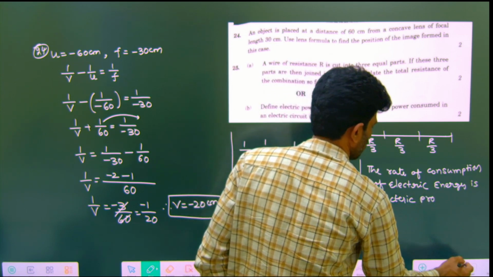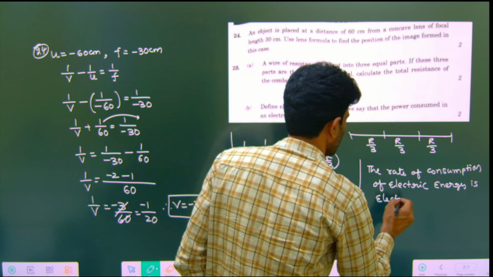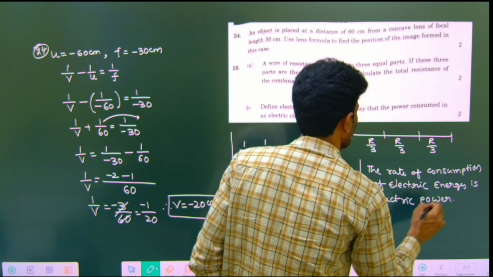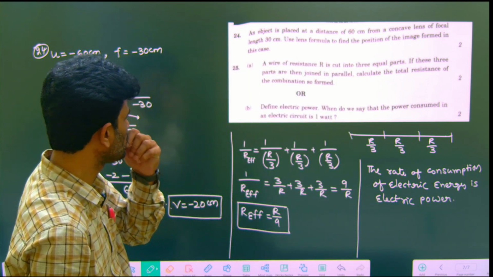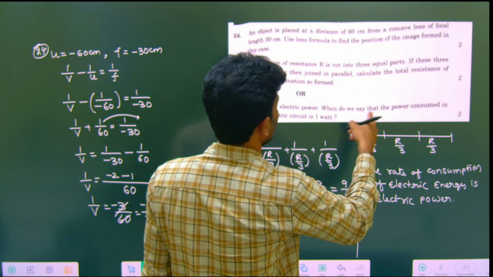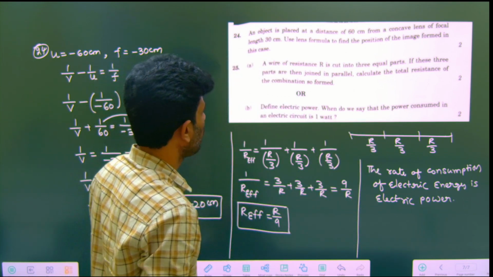And then they are asking to define 1 watt. When do we say that power consumed in an electric circuit is 1 watt?